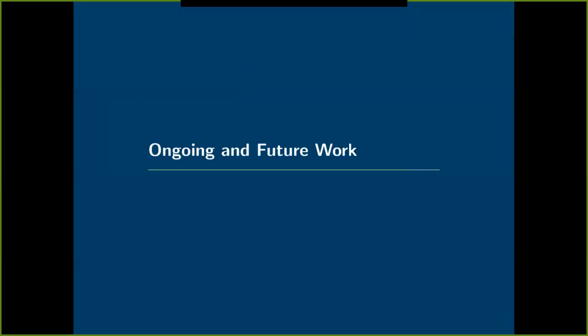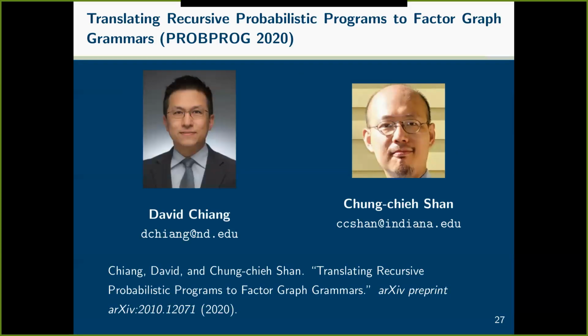And so now I'm just going to tell you a tiny bit about ongoing and future work. This is ongoing work that I'm not directly involved in, but because I think you will find it particularly interesting, I wanted to make sure to mention it. This is a project that my advisor, David Chiang, has been doing with his collaborator, Chengqie Shan, and they are building a miniature probabilistic programming language that compiles down to a factor graph grammar.